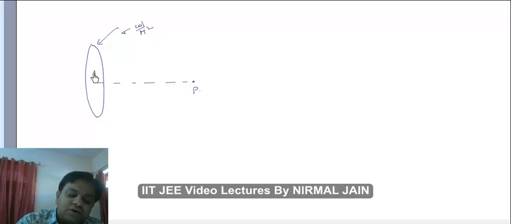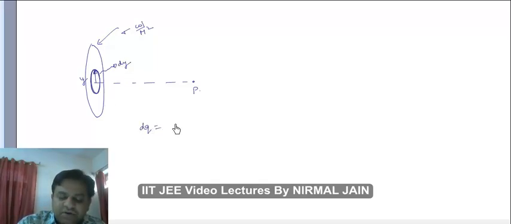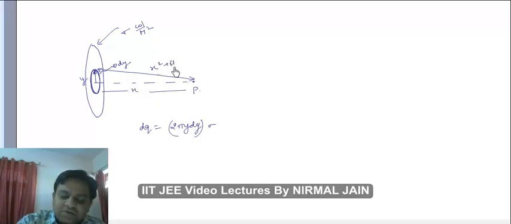So then I'll simply consider a simple ring of radius let's say y, and the thickness of this ring is dy. So the charge dq on this ring will be simply 2 pi y dy into sigma. The distance of point P from the periphery of the ring, let's say this is x, will be square root of x square plus y square.